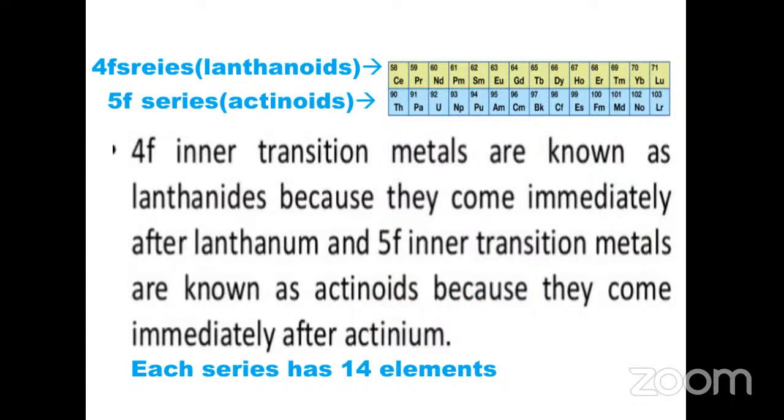In each series there are 14 elements, because the f orbital accommodates a maximum of how many electrons? 14 electrons, so each series has 14 elements.